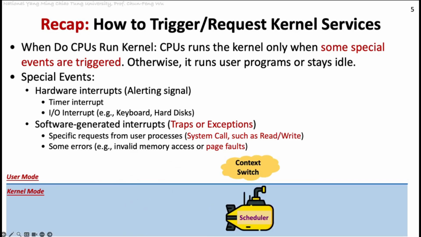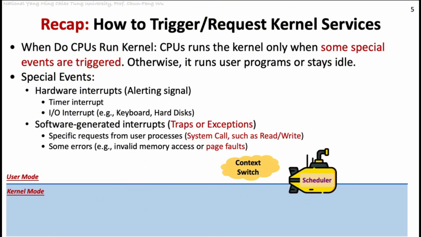For example, it's process B here, so we change the icon to another submarine to represent that the CPU is going to run another user process. After running the scheduler, the CPU switches back to user mode, and now process A has changed to process B. We call this procedure a context switch. So from process A to process B, it is a context switch.